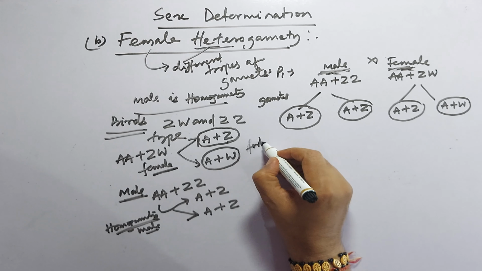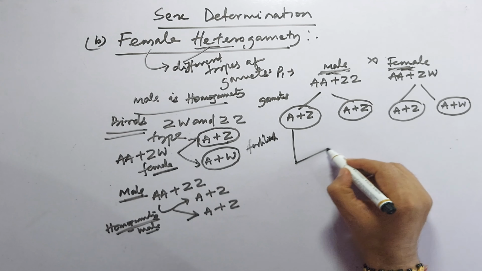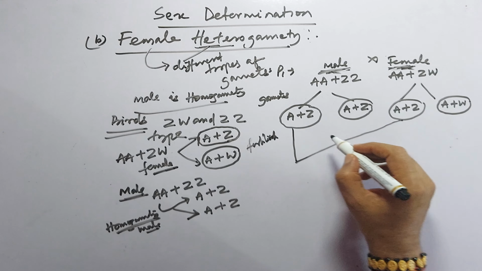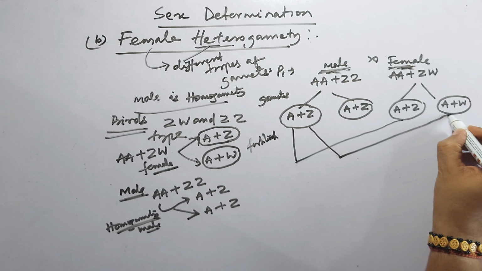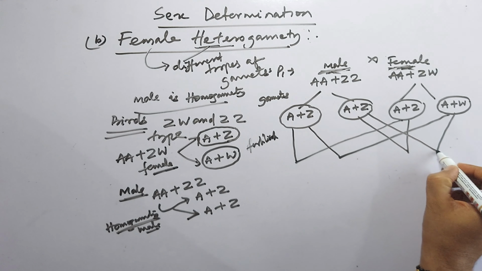Fertilization is random, so this sperm may fuse with this ovum, and this may fuse with this one.